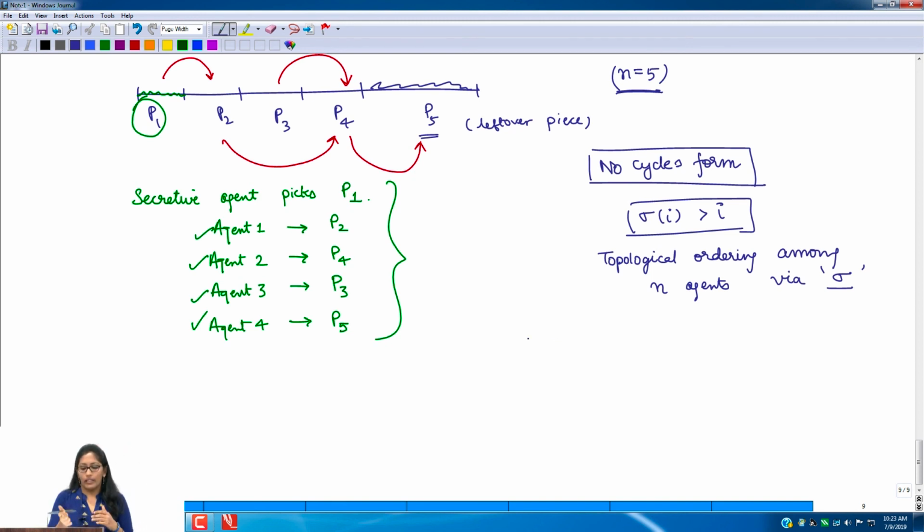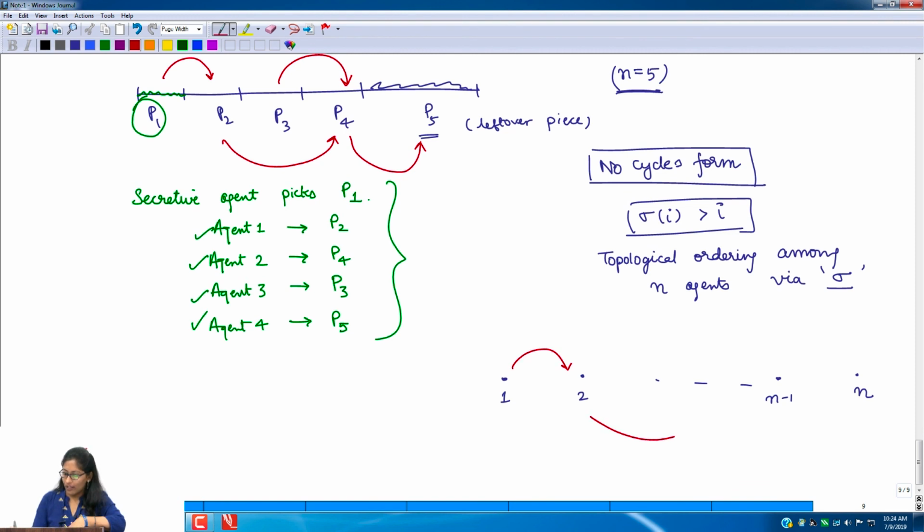Just note that since we've reindexed the agents, these arrows which denote the backup piece are always ahead of them and therefore you can't circle back. If you have this till n minus 1 and then n, these are agents with their sigma i's, and n minus 1 always goes to n and therefore n is a sink, right?